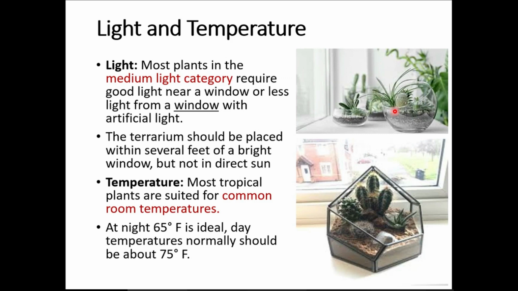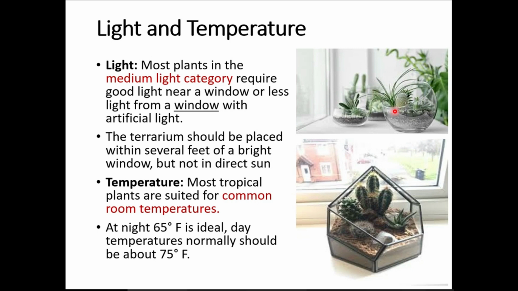Sometimes even artificial light, an LED light, is more than enough for these plants to grow, especially inside the terrarium, because the micro environment, the local environment, has already been created. So even if there is no external light, artificial light is enough.